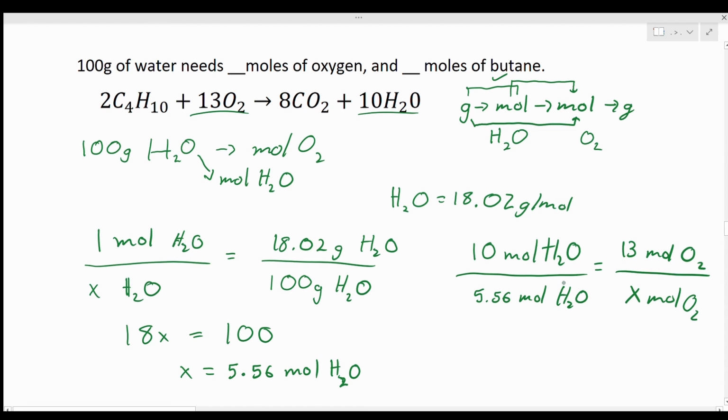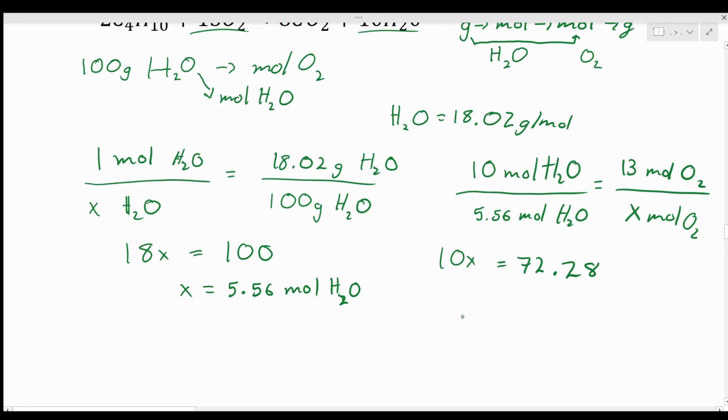We cross multiply. So here 10 times x is going to be 10x, and 13 times 5.56 is going to be equal to 72.28. If we divide both sides by 10, we come out with x equal to 7.23, and that will be in moles of O2.